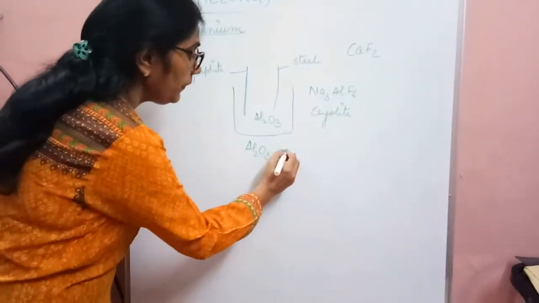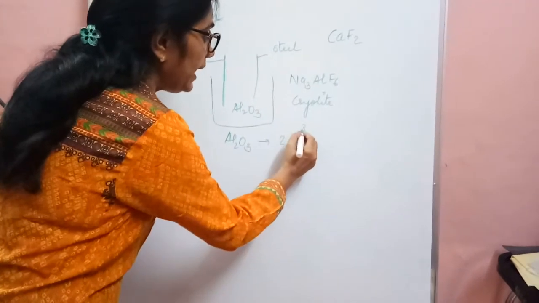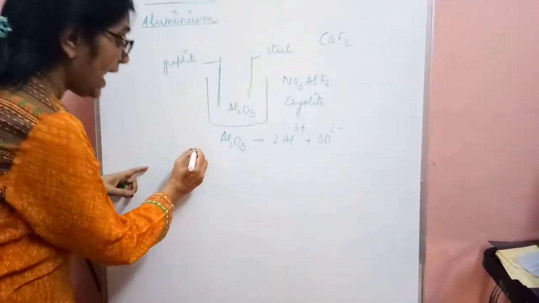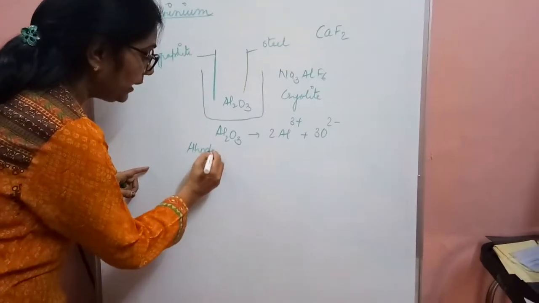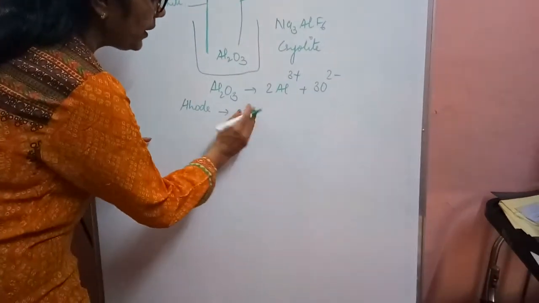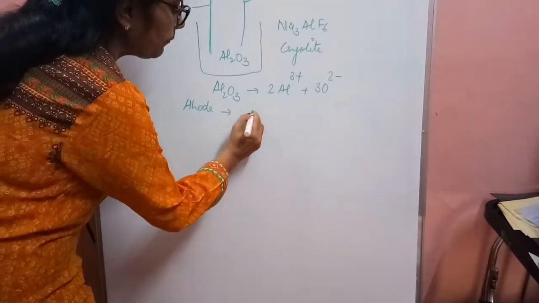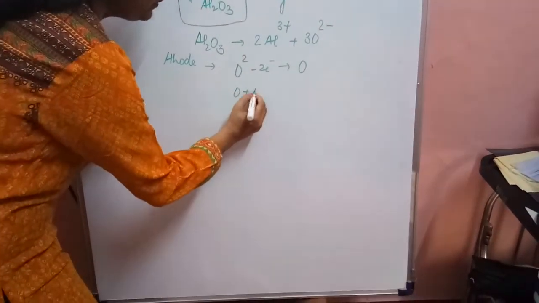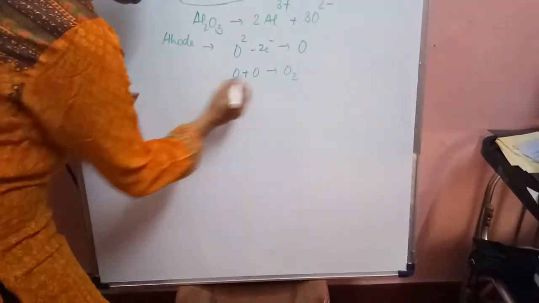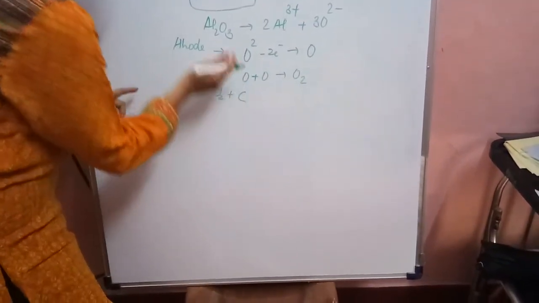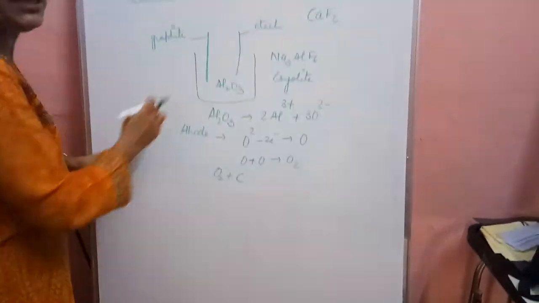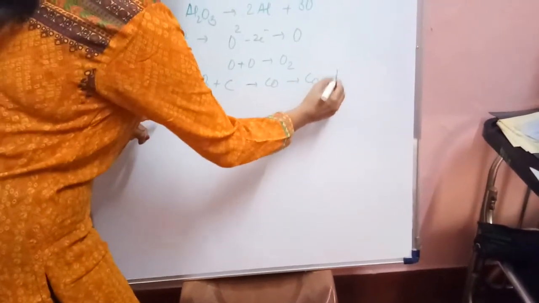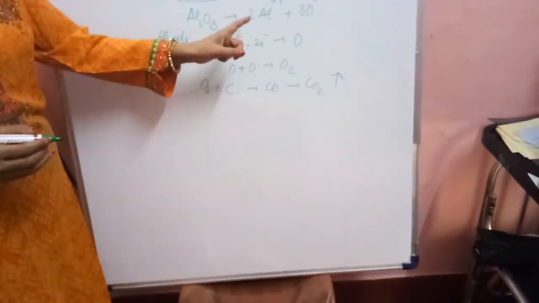Alumina decomposes to Al3+ and 3O2-. At anode, as usual, oxidation takes place. So this oxide ion loses electron and oxygen is formed. This oxygen forms O2. So this O2 goes towards the anode, which is made up of graphite, and it forms carbon monoxide and finally carbon dioxide and escapes to the atmosphere.